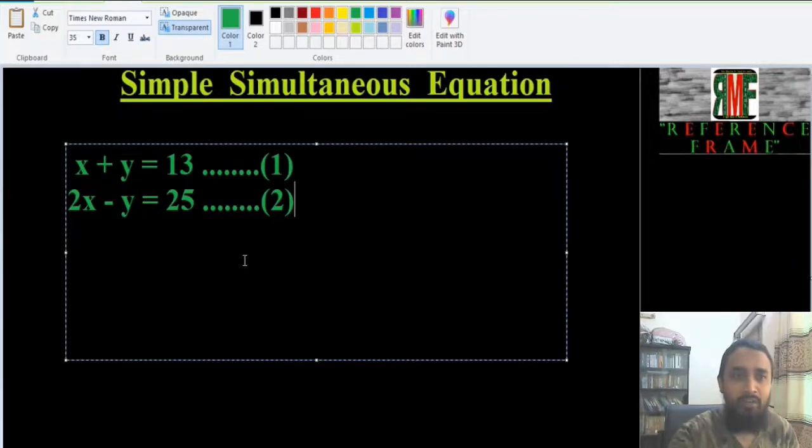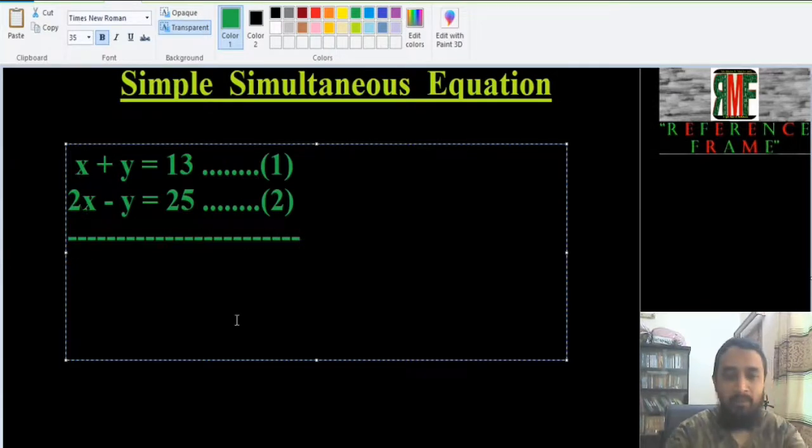So if we add both equations, what are we going to have? x plus twice x gives thrice x. Now this is plus y and minus y; when we add them, plus and minus cancel each other. On the right hand side, 13 plus 25 is 38. Okay, if we write this one as 14, why am I writing this?